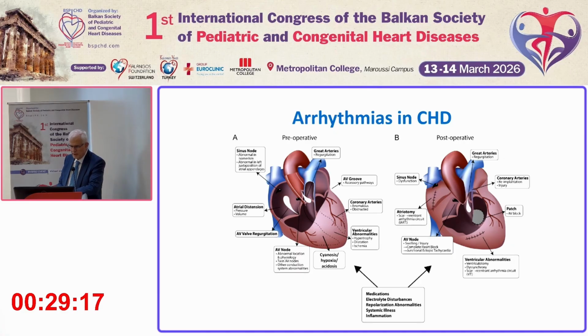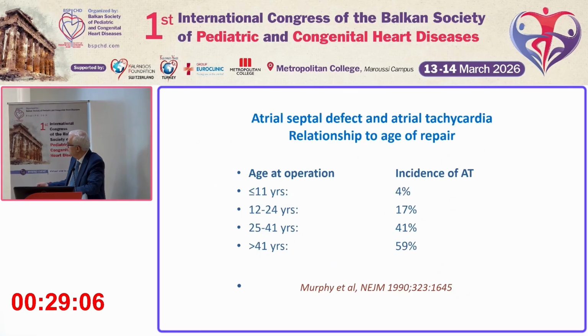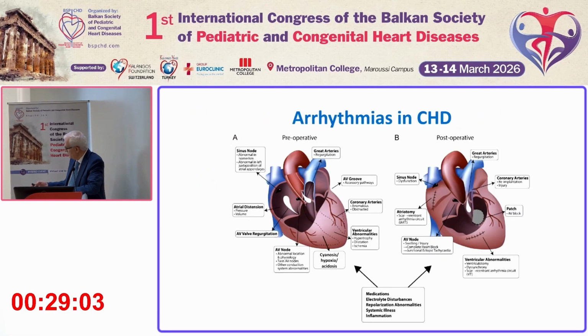They are due to multiple factors, such as preoperative anatomy. You can see on the screen multiple factors such as anatomy of the sinus node in atrial isomerism or of the AV node with twin AV nodes; cyanosis, valve regurgitation and stenosis, and coronary anomalies can predispose to arrhythmias.